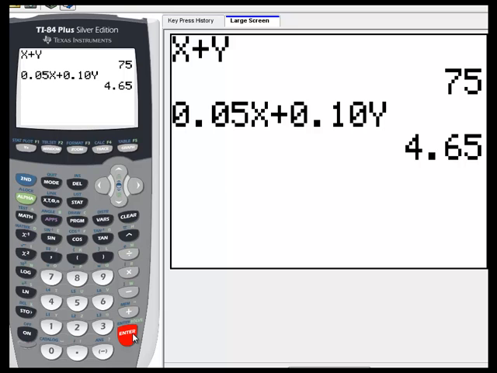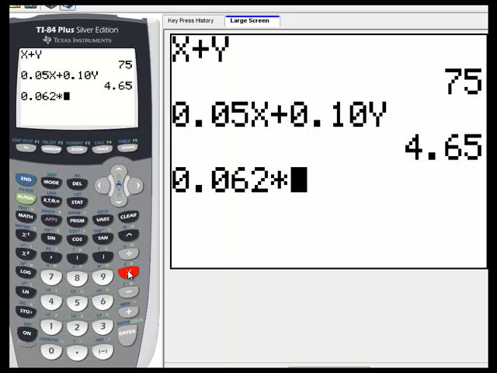Okay, get that. Now the right-hand side of that equation, that was 0.062 times 75. Enter. Okay, good. Looks like at least the math part of this is in order.